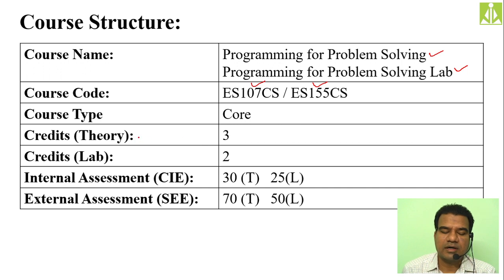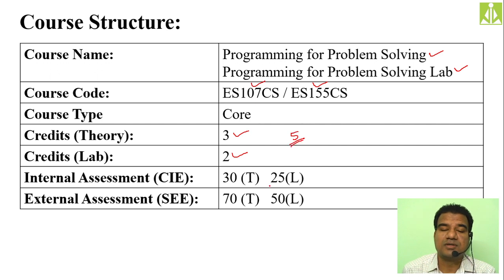When it comes to scoring credits, if you successfully complete this theory course, you will get 3 credits, and for the lab we have 2 credits. So if you complete this PPS, both lab as well as theory, you will get 5 credits.